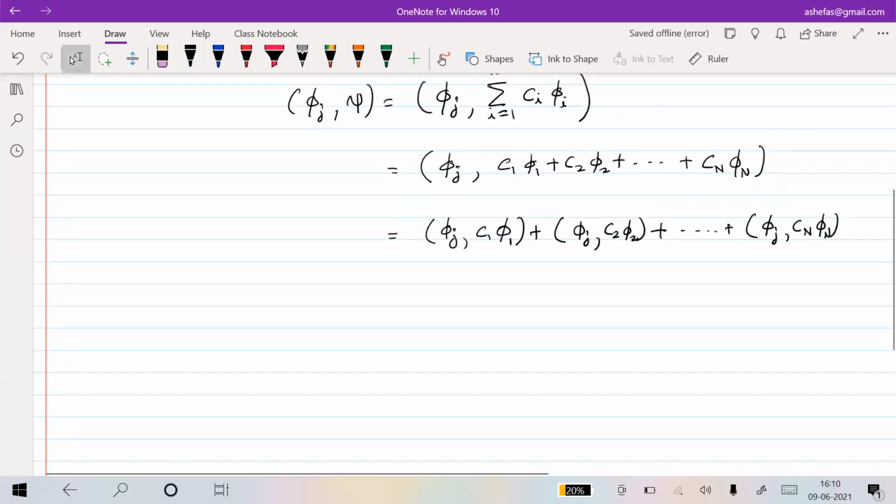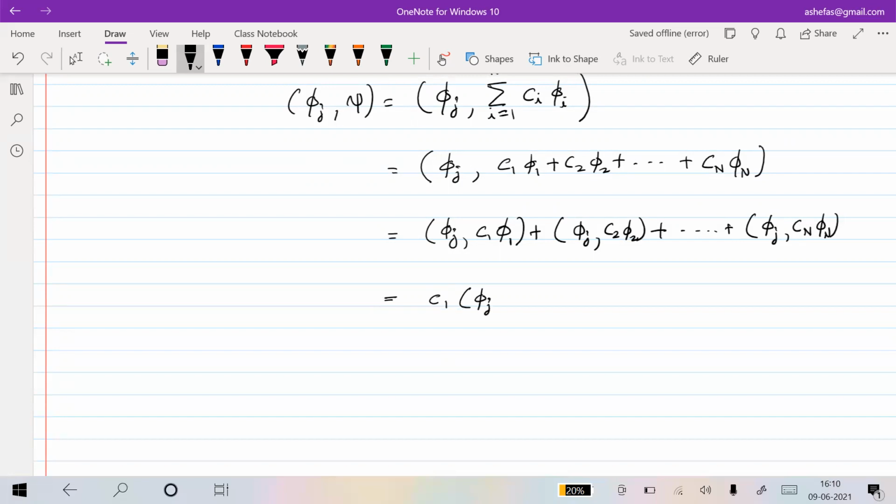Now we can use the linearity condition. Since c1 is just a coefficient, just a number multiplied with the post factor, it can be taken outside. So this can be written as c1 phi j, comma phi 1, plus c2 phi j, comma phi 2, plus etc. up to cn phi j, comma phi n.